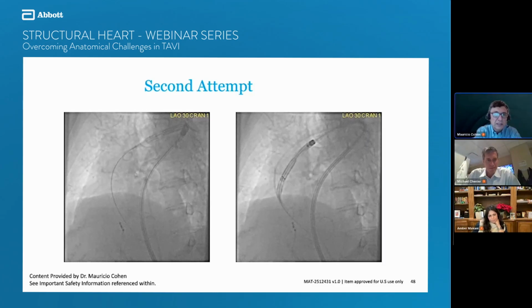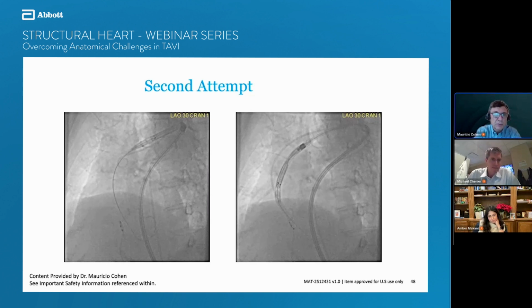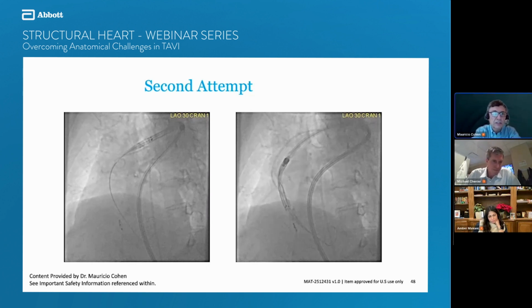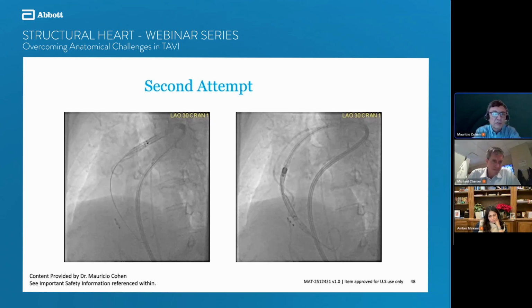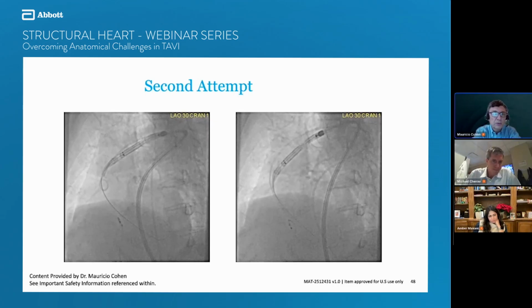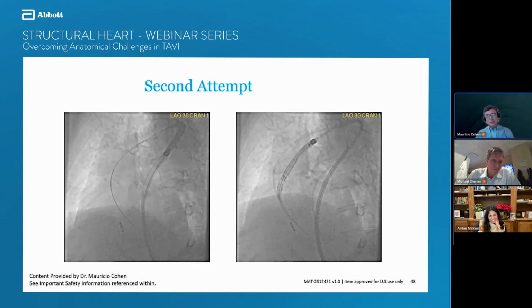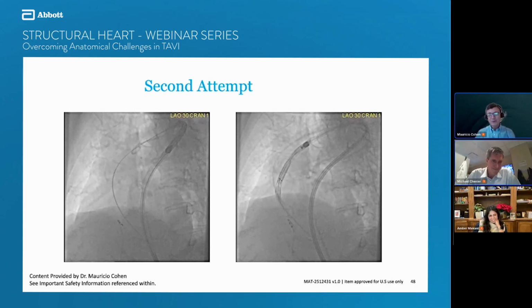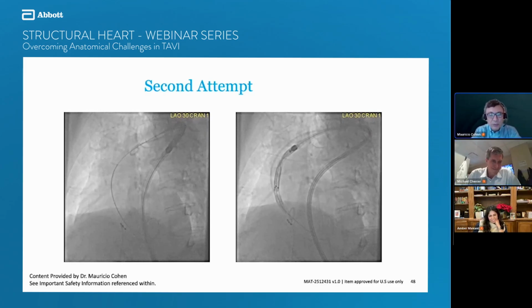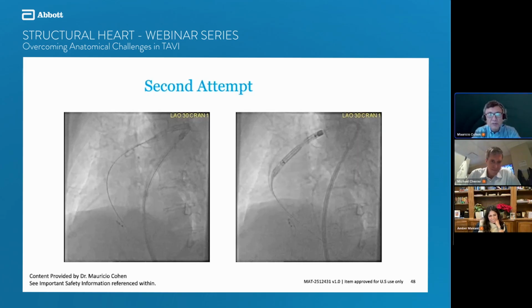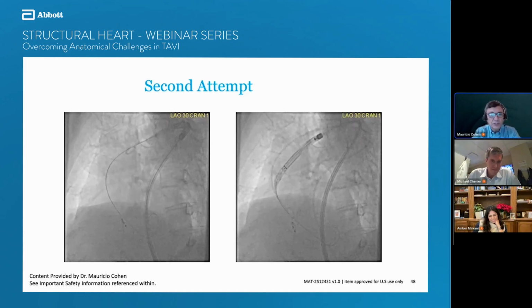You can see that at some point we get most of the capsule past, and then the valve kind of jumps forward. Obviously, we have good people holding onto the wire. When that happened, we all took a deep breath, and we were able to cross the valve. Then the pigtail is interacting all over the place with the valve in that situation.